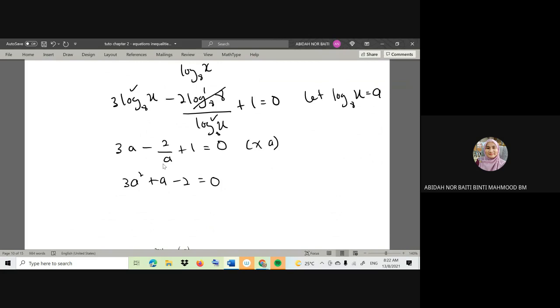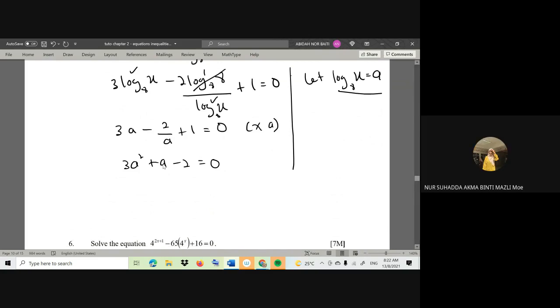Susunlah dalam bentuk quadratic form. Okay, so siapa boleh tolong faktoriskan tu untuk saya? Faktoriskan quadratic tu. 3A minus 2, A plus 1. Okay, therefore A is 2 over 3. A is negative 1.